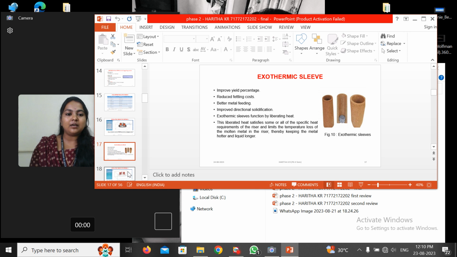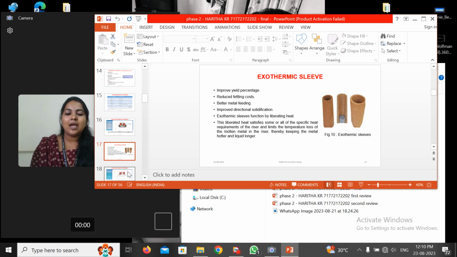So if the component is not fed up to the level of the mold cavity, it will be taken from the riser. The exothermic sleeve is made up of aluminum dross, which is extracted after the extraction of aluminum, along with some fibrous refractory lining material and some binders.